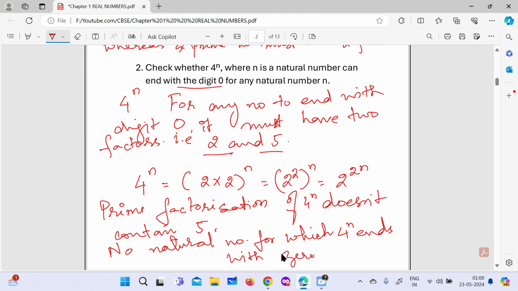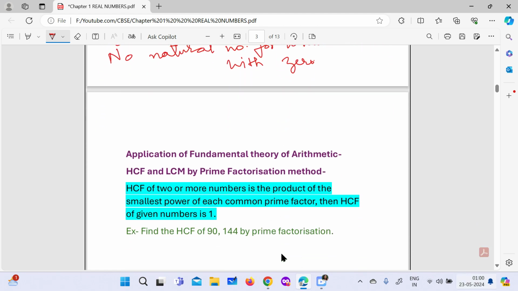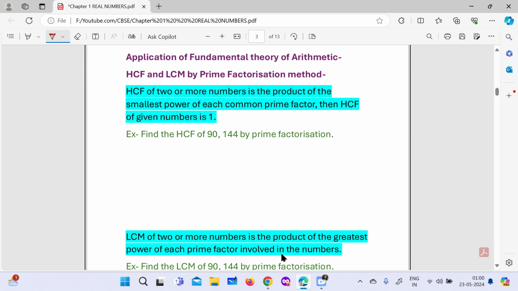Okay. Now let's see what's there in the next part. Now you have applications of the fundamental theorem of arithmetic. First we are going to study HCF and LCM by the prime factorization method. This is a very important concept because it comes as a 1 or 2 marker in your exam and is also asked in MCQs.